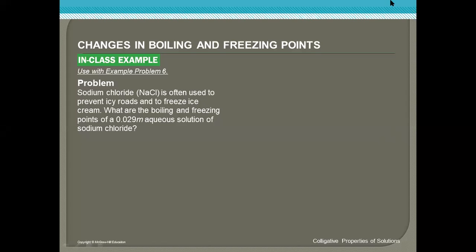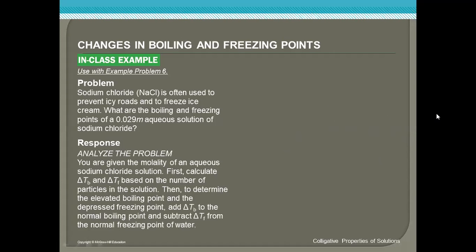The problem says that sodium chloride, NaCl, is often used to prevent icy roads and to freeze ice cream. What are the boiling and freezing points of a 0.029 molal aqueous solution of sodium chloride? How can we solve it?